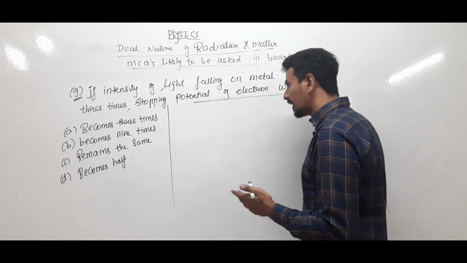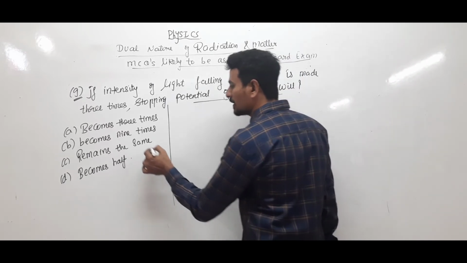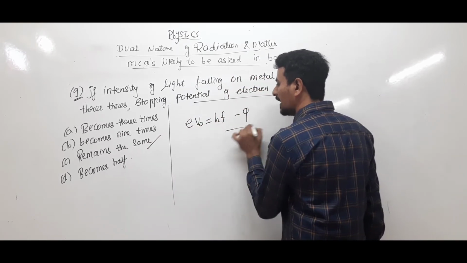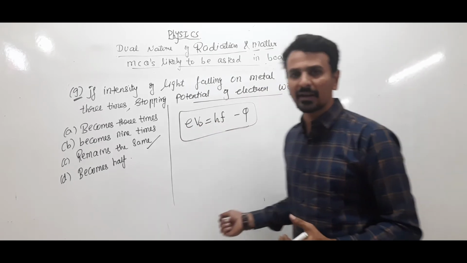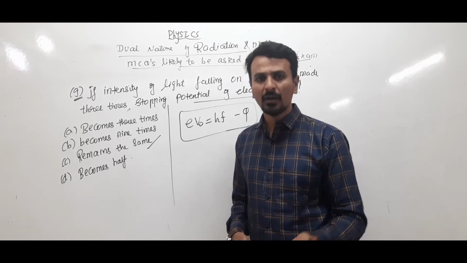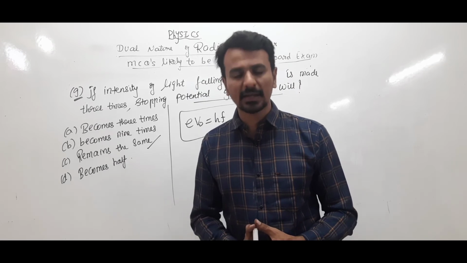So if you increase the intensity, stopping potential will not change, it will remain the same, because after all stopping potential is hf minus phi, it does not depend on intensity. On increasing the intensity, the photoelectric current will increase, but stopping potential will remain the same. Clear? Fine.